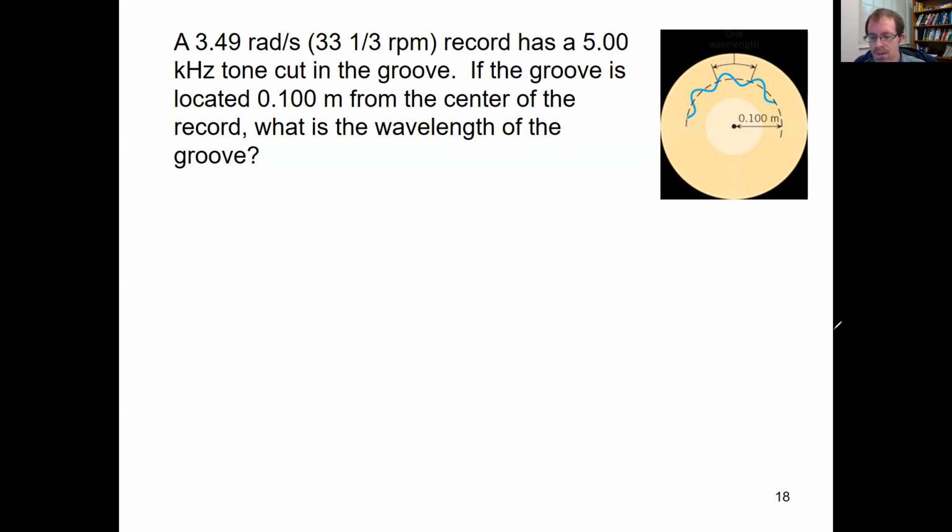Let's see what we can figure out here. We're given the frequency. The frequency is 5,000 hertz. And what do we want to figure out? We want to figure out the wavelength. We can probably guess that we are going to use our V is equal to lambda F equation. If we rearrange that for lambda, lambda is going to be equal to V over F. Well, that's great, we've got F. What about V here?